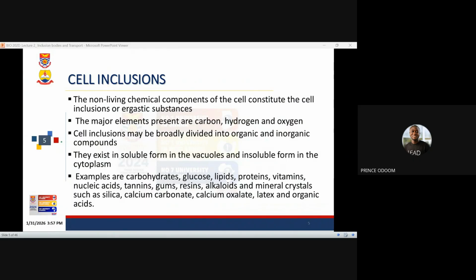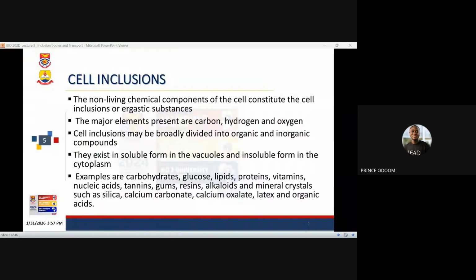What I want you to understand is that each of them has a specific role it is playing. We'll get to see some deficiencies, and you appreciate their roles much more when you look at their deficiencies or when they are absent from the cell. I believe you've done this over and over again, so it makes the discussion easier.